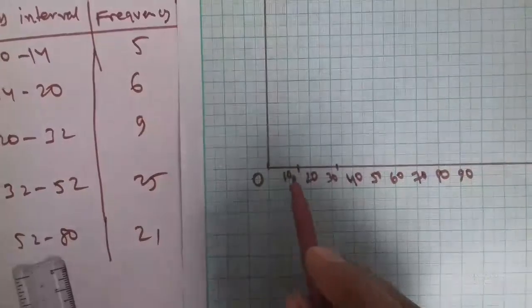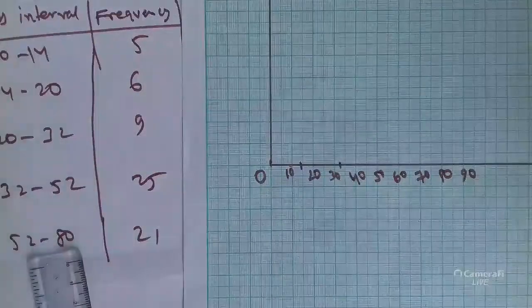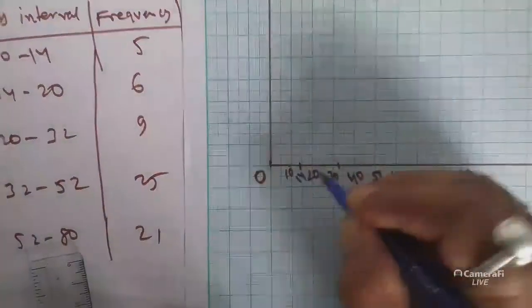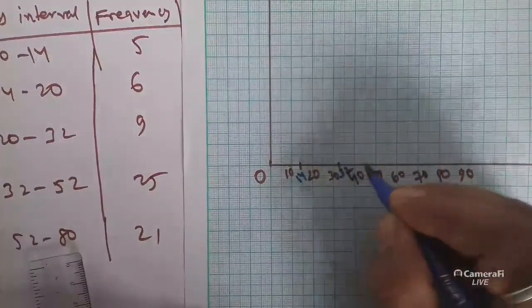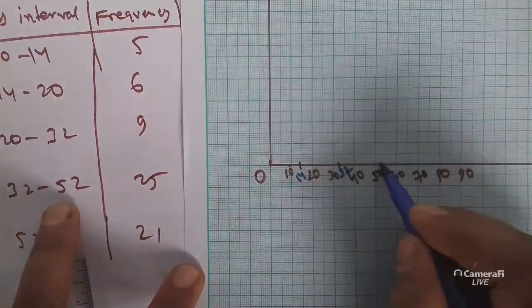So at first we take 10 to 14, so it is 10 and it is 14, we indicate the 14, it is 32, and then 32 to 52, it is 52.